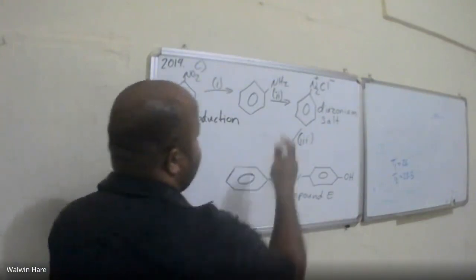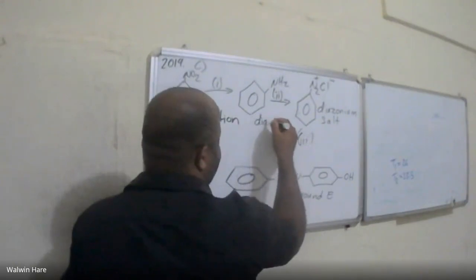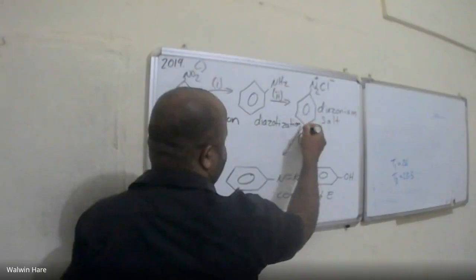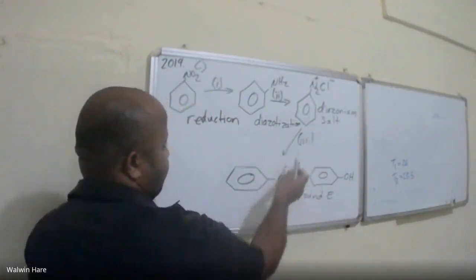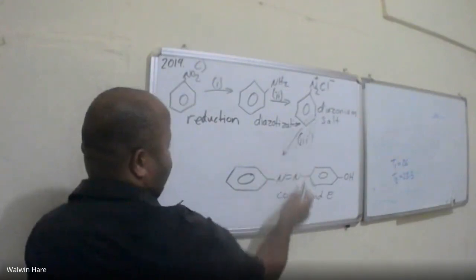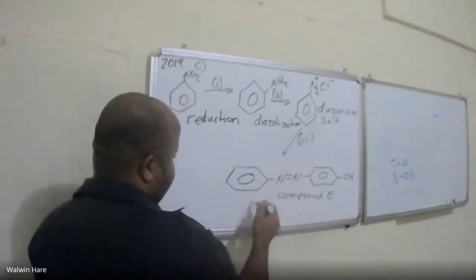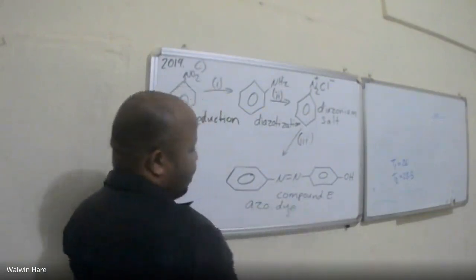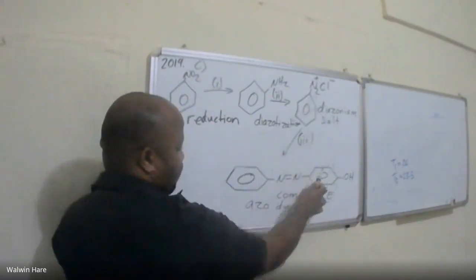And so the name of this reaction, as I said earlier, is diazotization. Can you tell me what is occurring here? From the diazonium salt to this compound, it's an azodye because we combine the phenol with the diazonium salt.